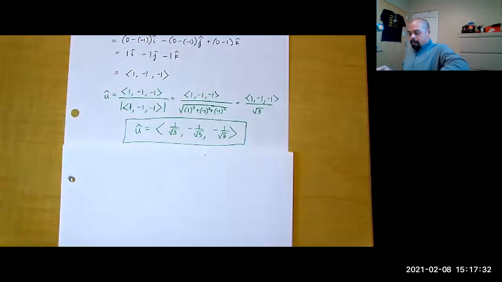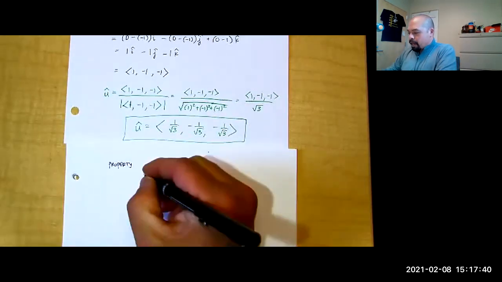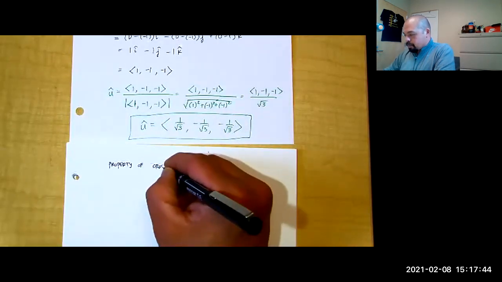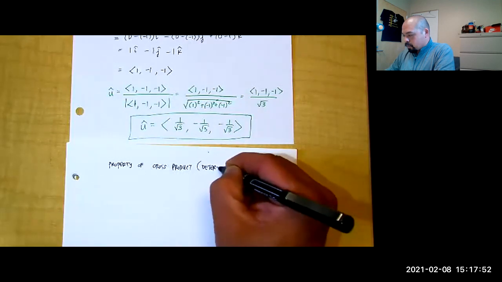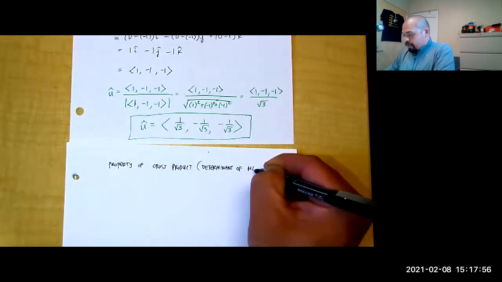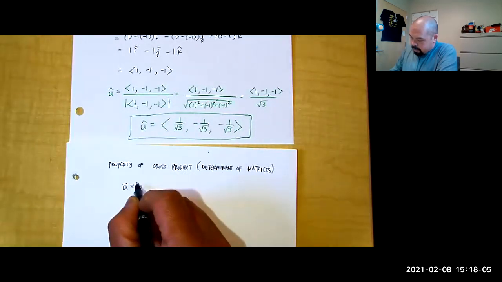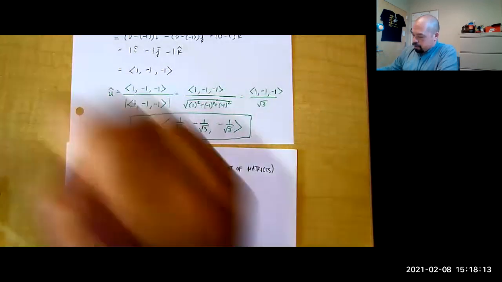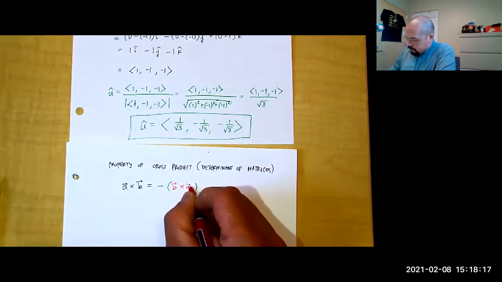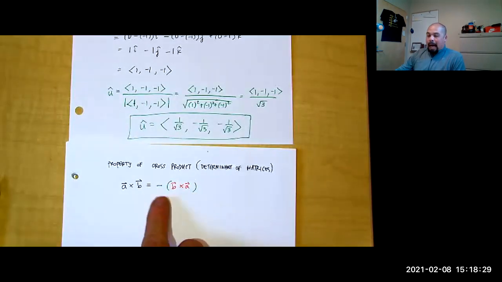Let me jump back. If you think back to some linear algebra, some possible work you would see with matrices before, a property of our cross product and really our determinant of matrices is that when we take the cross product of two vectors, if we change the order of those two, basically switching the rows in our determinant calculation, we get the same numerical value, but opposite in sign.